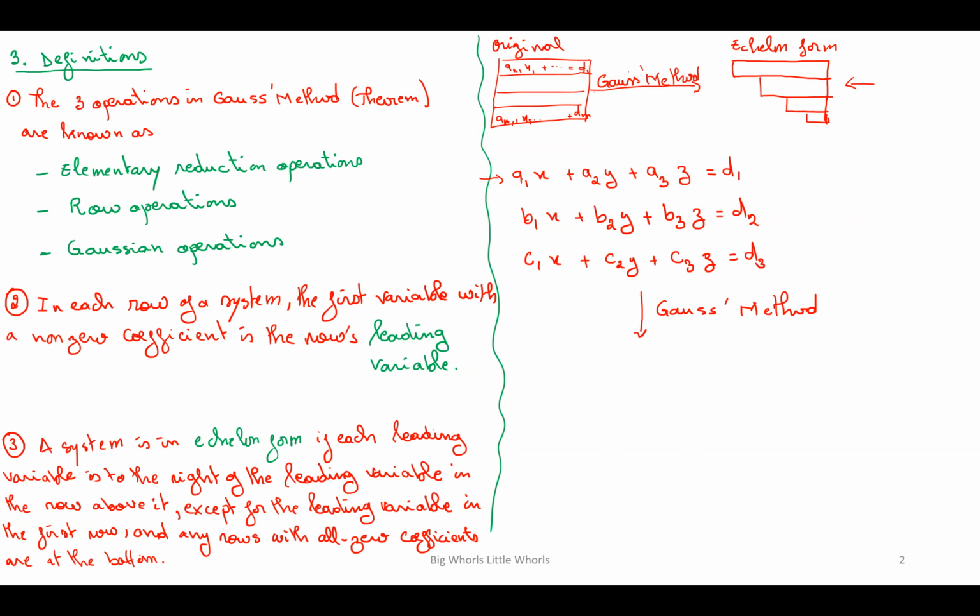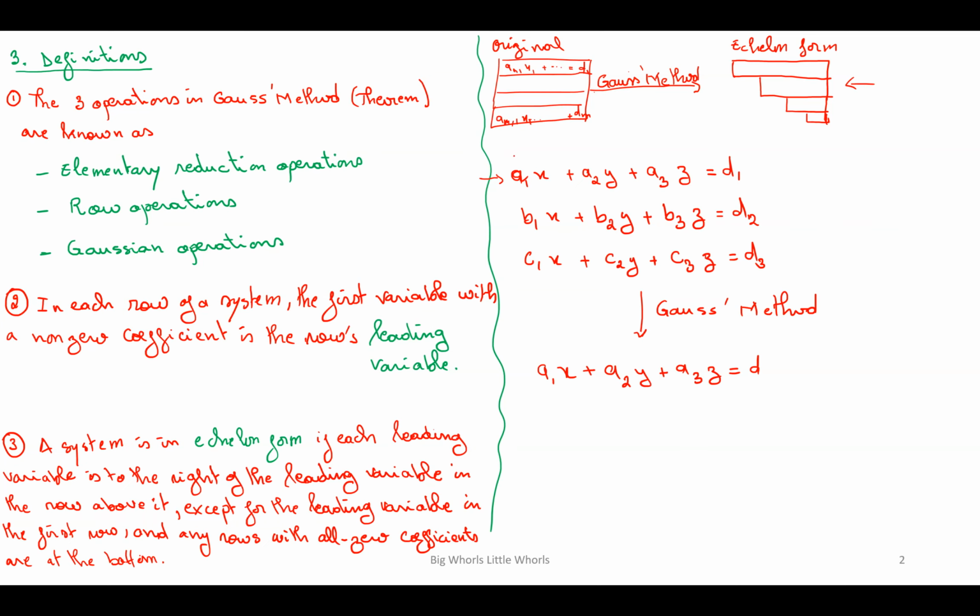Its leading variable, so here we'll assume that a1 is non-zero. So the leading variable of the first equation is x. So we will repeat that first equation in the first row: a1 x plus a2 y plus a3 z equals d1.